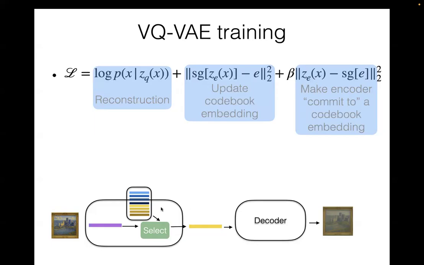It could produce an embedding anywhere in latent space. Instead, you want it to produce things that are close to some codebook embedding. So now you have the opposite term, where we treat the selected codebook embedding as the target and make our encoder outputs closer to that embedding.